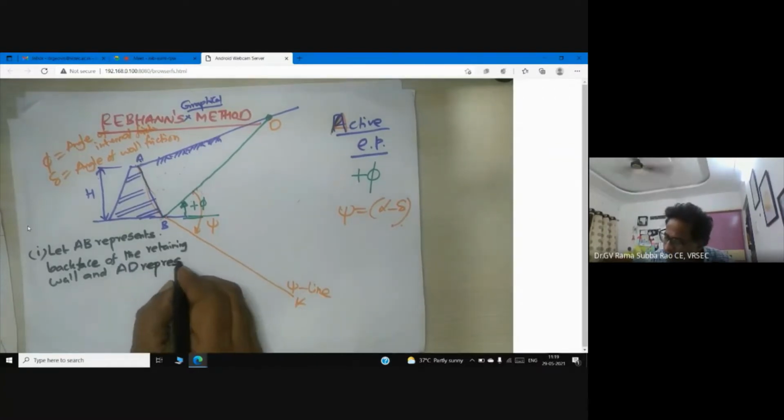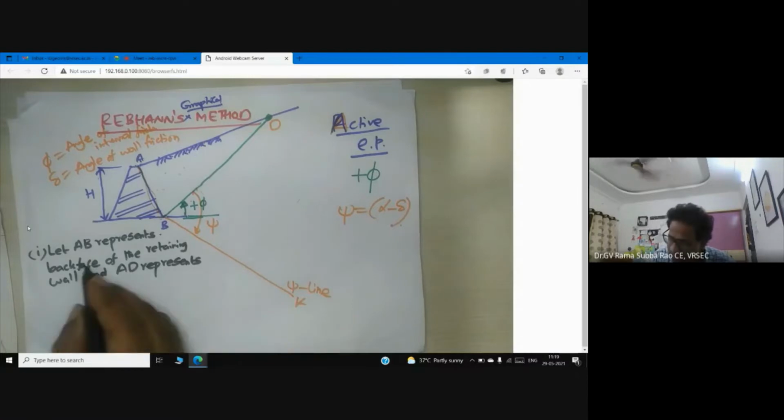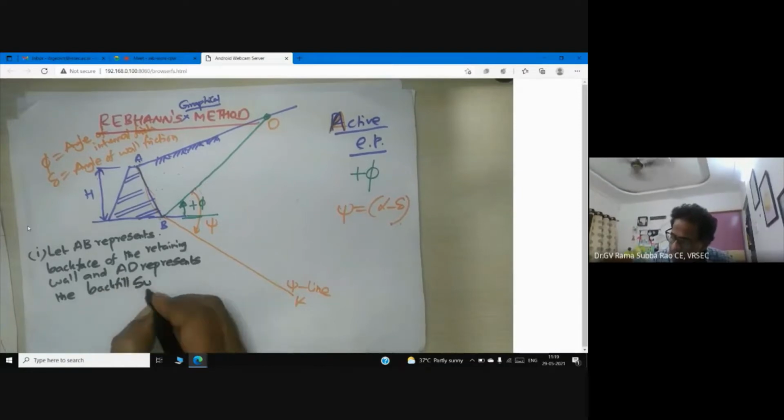Don't worry, we are getting some repetition, and that will also be useful to you. AD represents the backfill surface. So now we have two lines, AB and AD.